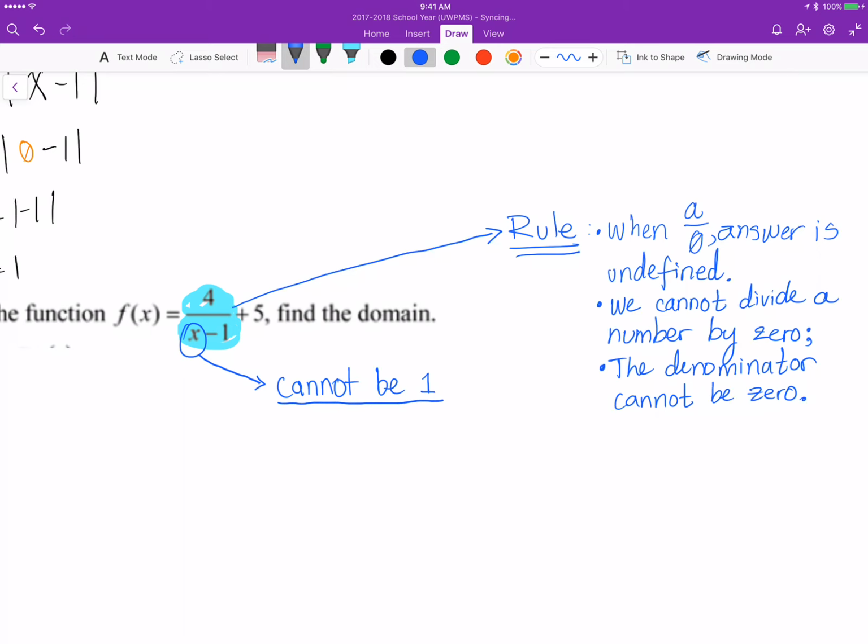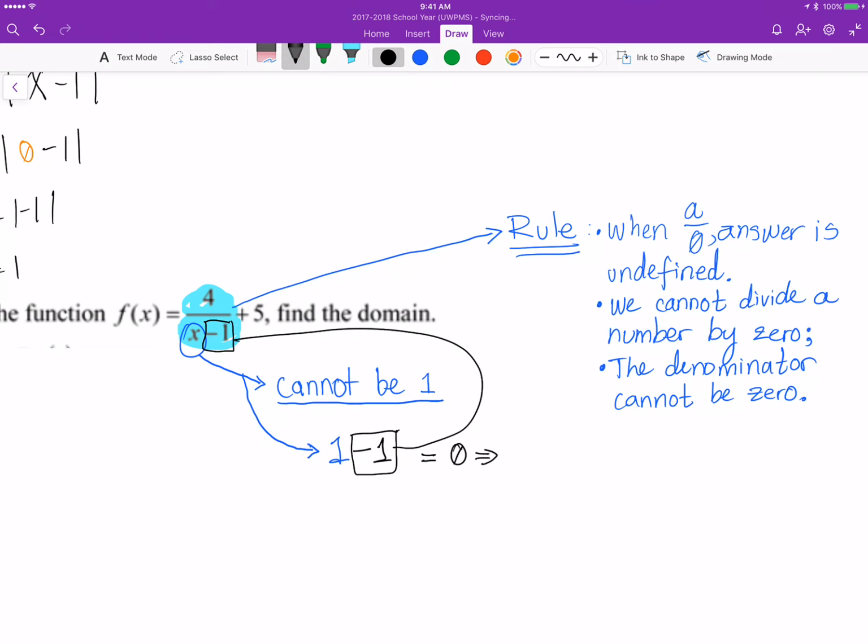Let's talk about why. It cannot be 1 because 1 minus 1, I'm getting this minus 1 from here, equals 0.